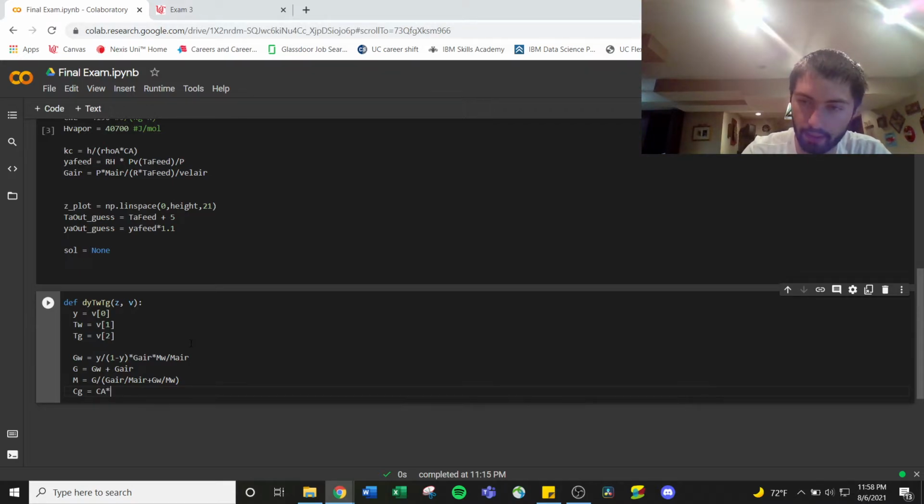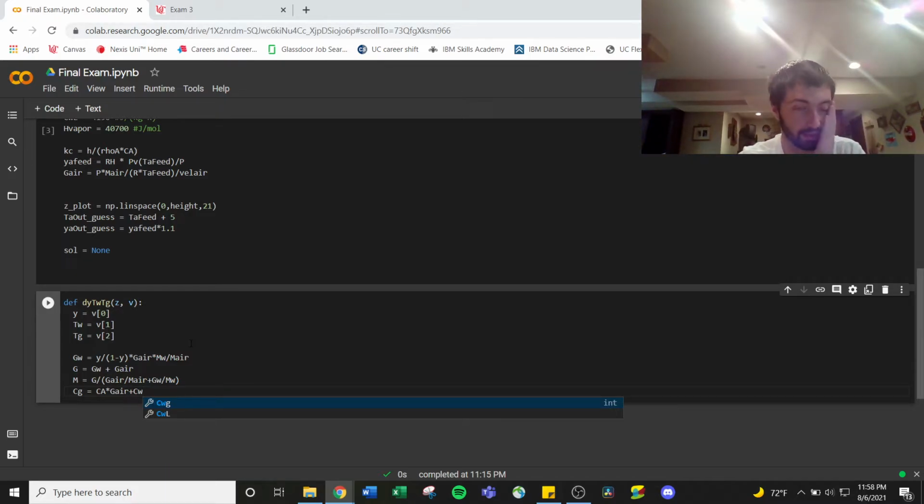So CA times G air plus C water in the gas phase, since we're doing the specific heat of the gas.